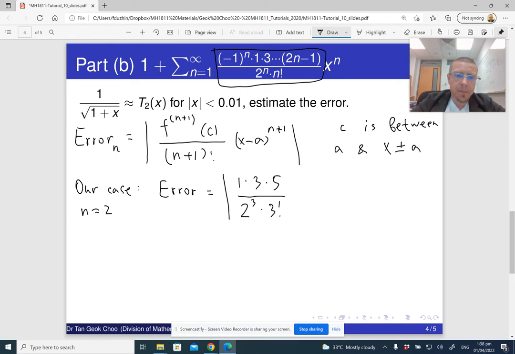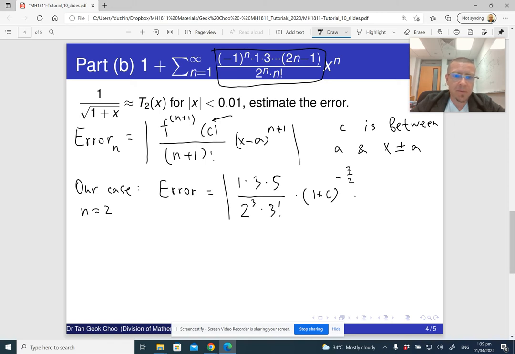times 1 plus c raised to the power minus 7 over 2, since I've got to use this derivative, right?